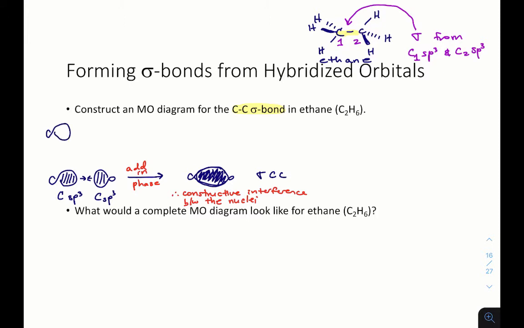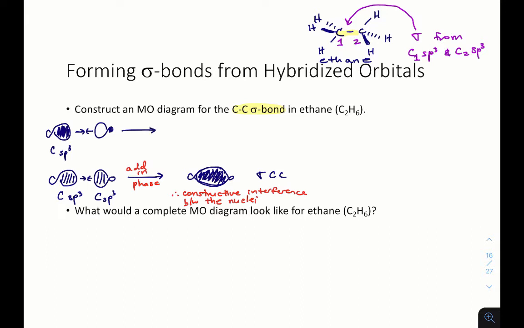However, these 2 orbitals could also add out of phase. Why? Well, because each of them can exist in either phase. They can exist with the big lobe with a negative phase or the big lobe with positive phase. Both of those possibilities exist, and so that means when they combine, both of these possibilities occur.